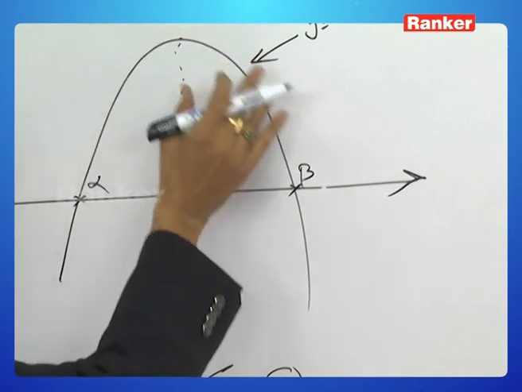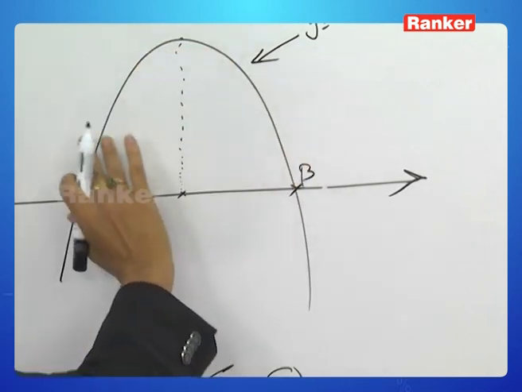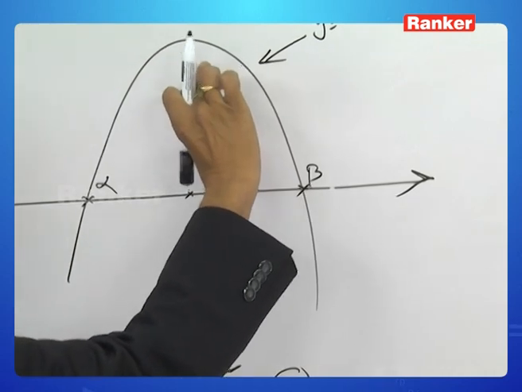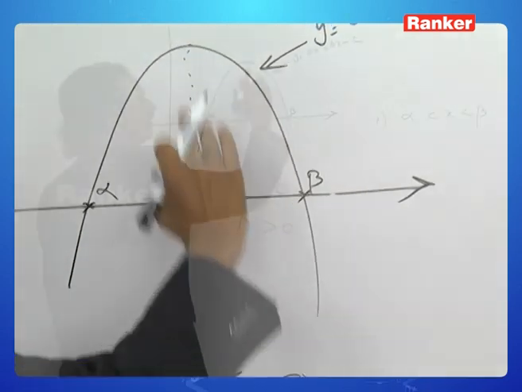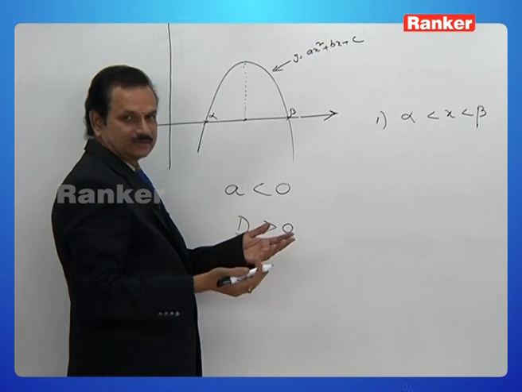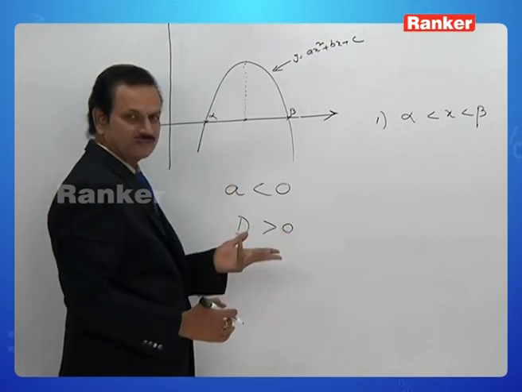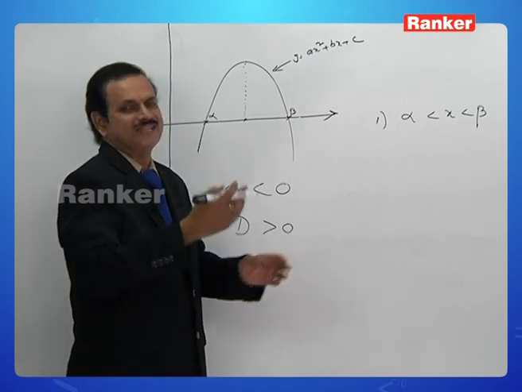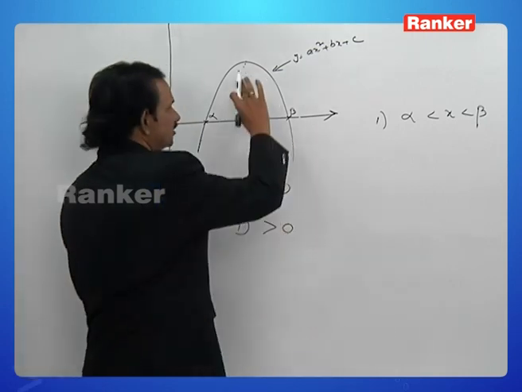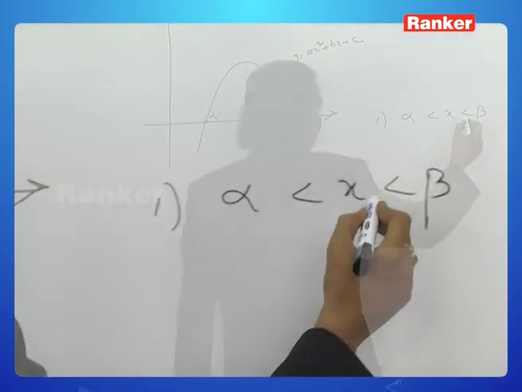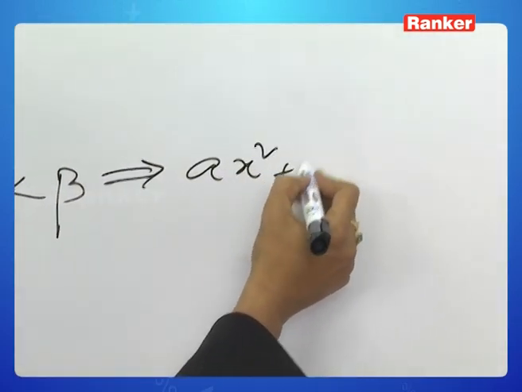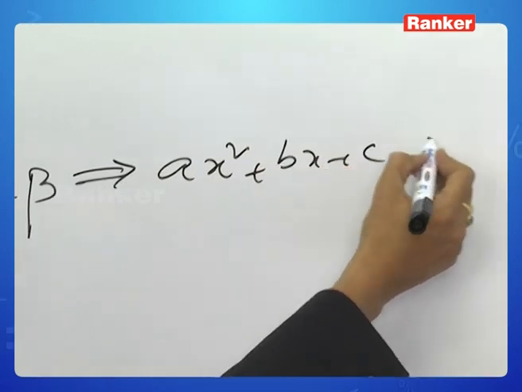So the graph, that is the expression value of y, lies above x-axis. Above x-axis, surely this expression is positive. Why? Because y coordinate is positive above x-axis. Therefore, alpha less than x less than beta implies ax square plus bx plus c is definitely positive.